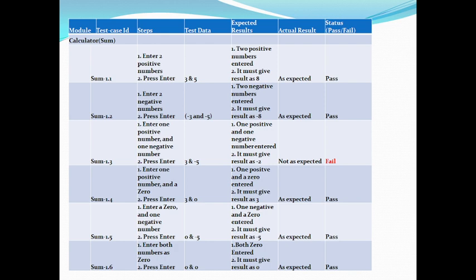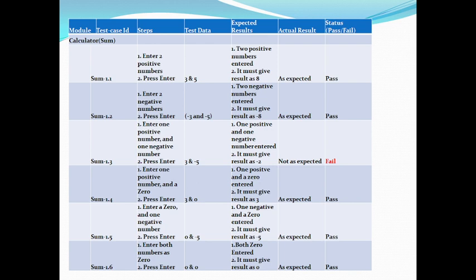Okay, so it must give the result as minus 2, right? But if the calculator gives some other output, it means that the system is not working as expected. In that case, we will write the actual result as not as expected, and we will mention the status as fail. Likewise, we'll perform all the scenarios, all the test cases on the system, and mention the status in the status column.